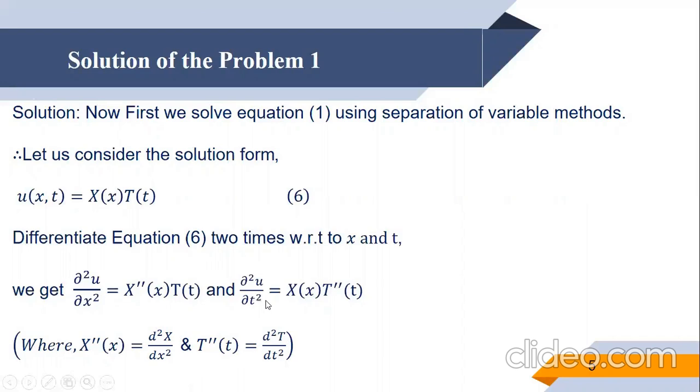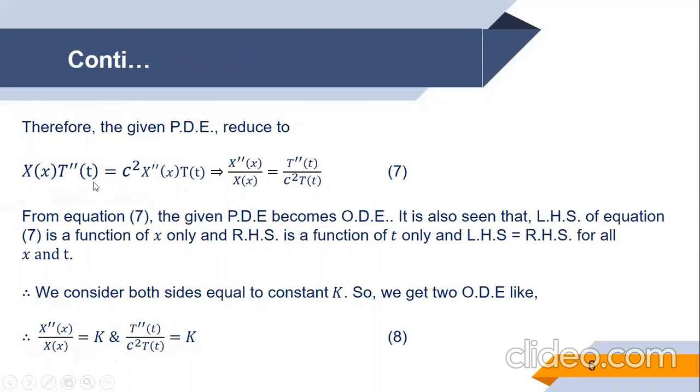Now we input both values in equation 1. Then the given PDE is reduced to X T double dash is equal to c square X double dash T, which implies X double dash upon X is equal to T double dash upon c square T, which is called equation 7.